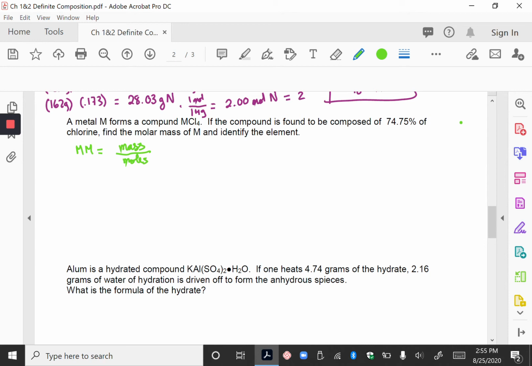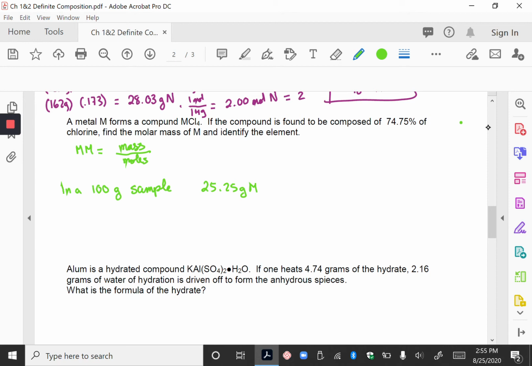Since we're given percentages, let's look at a 100-gram sample. So in a 100-gram sample, what mass of M do I have? I would have 25.25 grams of M. How did I get this number?